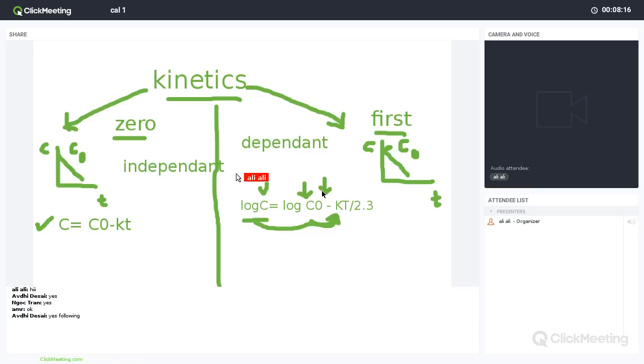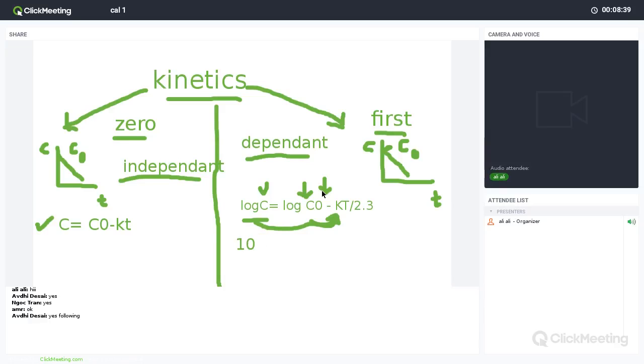What is the meaning? The rate of reaction depends on the concentration in the first order, and in the zero order reaction it does not depend on the concentration. So we will take an example so it would be easy for us.